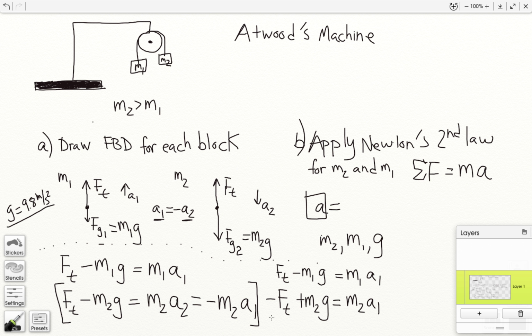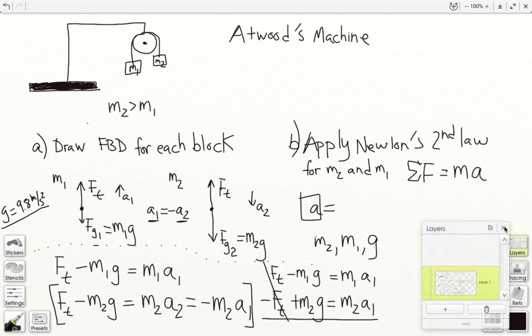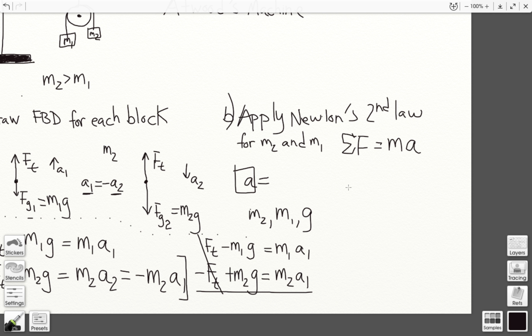Then I'm going to add these two equations together, and our tension force cancels. We'll have negative M1g plus M2g equals M1 plus M2 times a1.